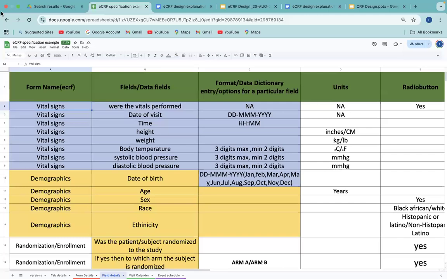Some more. Heart rate, BP, pulse, oxygen level.